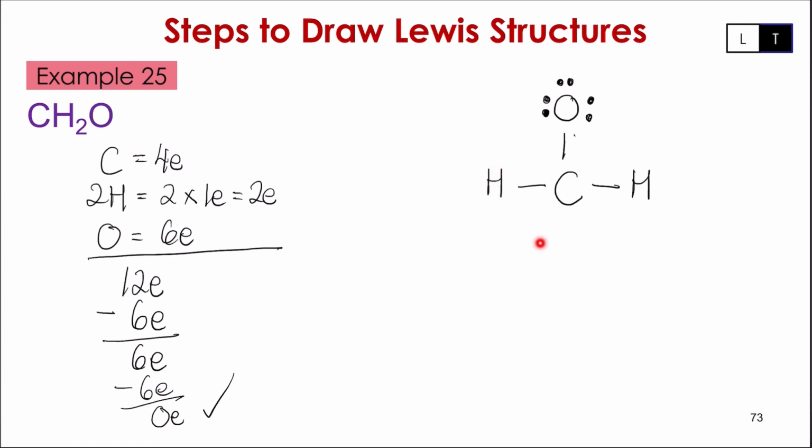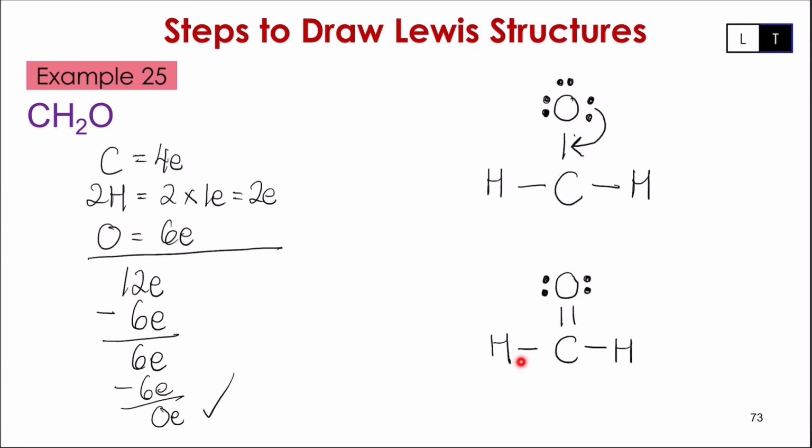So, hydrogen has a duplet. Oxygen has an octet. But carbon does not yet, because carbon only has 6 electrons here, but we need to get 8. So, what are we going to do? Terminal atoms that have lone pairs will contribute to help carbon as the central atom achieve stability. So, one lone pair taken from oxygen will make a double bond. So, I will have my new drawing, C bonded to oxygen with a double bond. And we have 2 hydrogens on the left and right of carbon. And don't forget, oxygen has 2 lone pairs left around its atom.